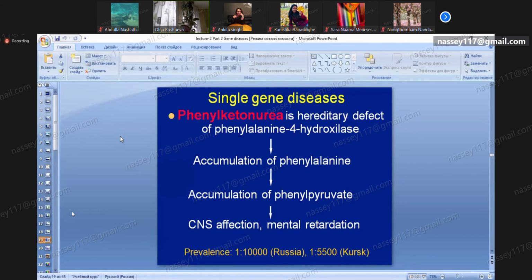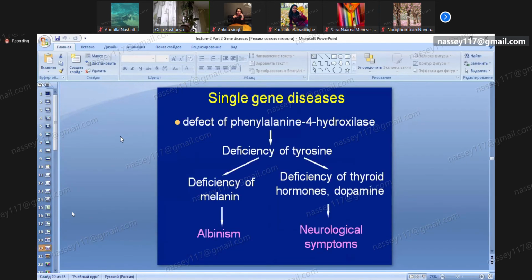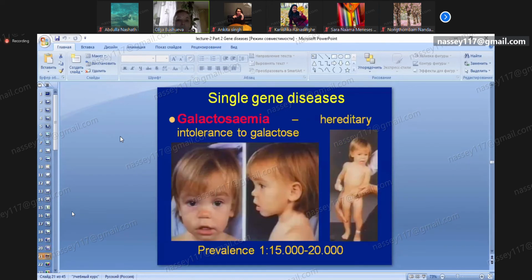That's why we can see in this patient central nervous system affection, mental retardation. Also, a defect of phenylalanine hydroxylase leads to deficiency of tyrosine. Deficiency of tyrosine leads to deficiency of melanin and albinism, and to deficiency of thyroid hormones, dopamine, and different neurological symptoms.